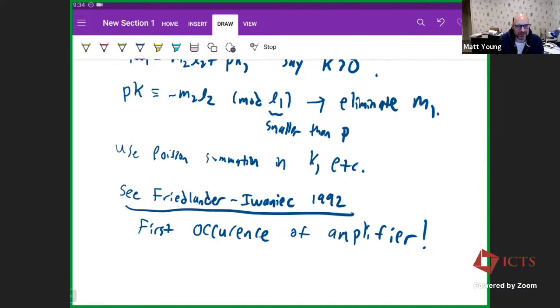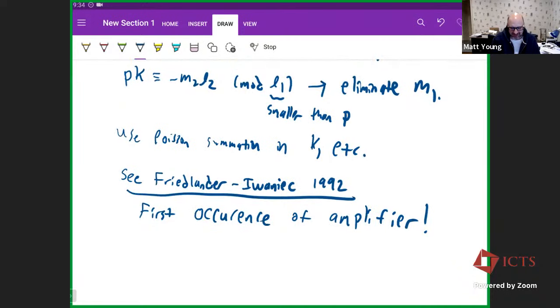It's a very short paper in the Michigan Math Journal, and it sort of slid under the radar. It's kind of deceptive that this idea first occurs there, and then the idea was used in many other papers.